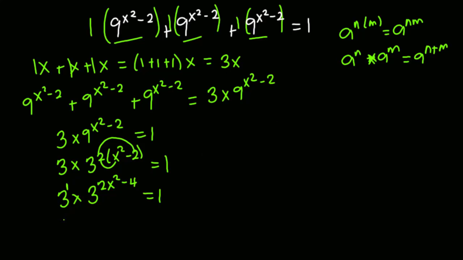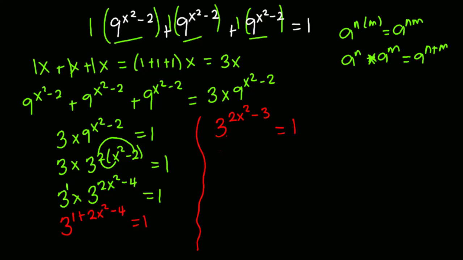So this is the same as 3 exponent 1 plus 2x squared minus 4, which is equal to 1. And so this gives 3 exponent 2x squared minus 3, and this is equal to 1.